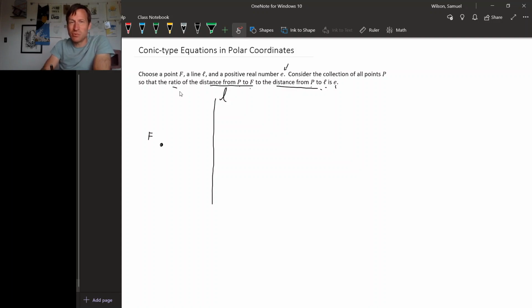It's a little easier to see what this definition is saying if we write it out.